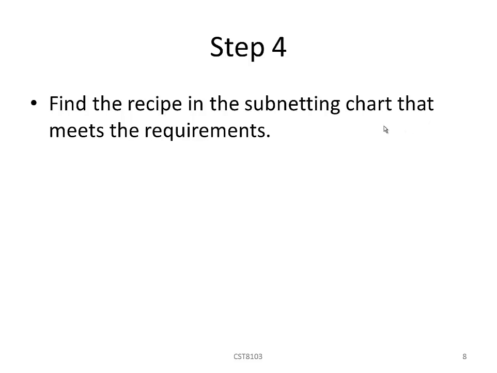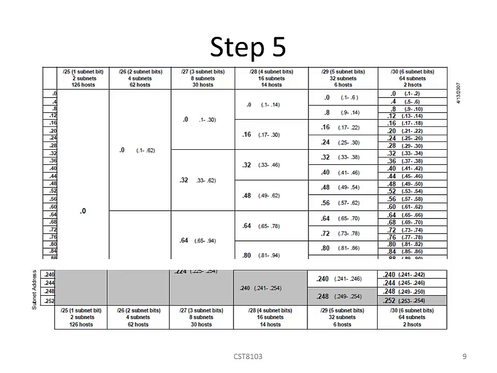Using the /24 subnetting chart, we will find the recipe in this chart that meets the requirement, i.e., we must find in this first row the recipe that meets our network requirements.